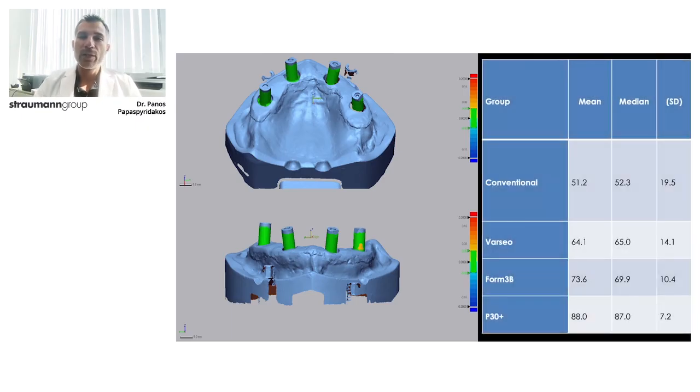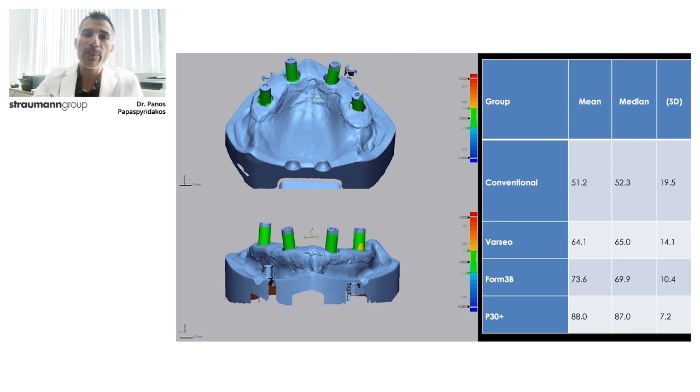And what we found was that all the groups had less than 100 microns deviations, which is also, according to the literature, within the clinical threshold for acceptable fit, as we showed for our clinical study with Dr. Chochlidakis and with the clinical study by Dr. Yemt, that had reported that 200 microns is approximately the threshold for clinical fit.